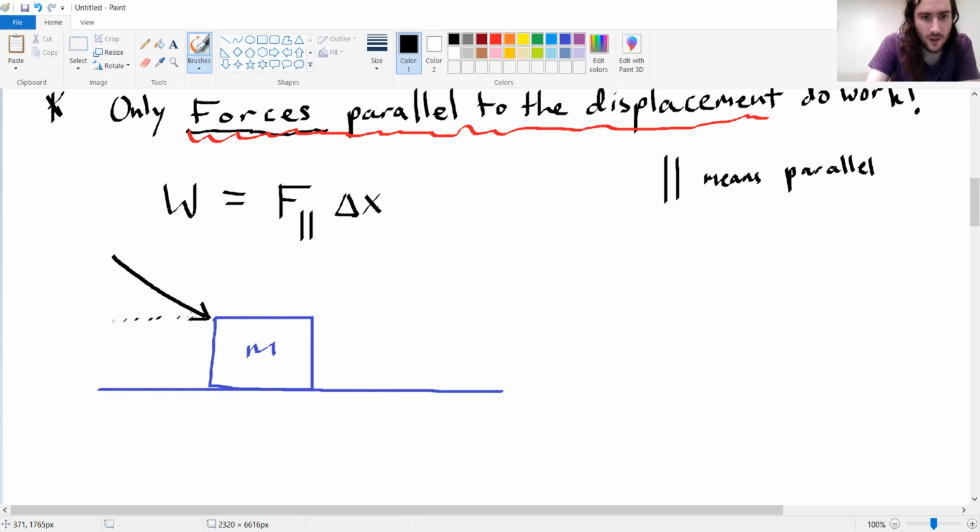And of course, we can always break a vector down into its components, right? And so if this is the angle theta here, then we have our x component of the force is the magnitude of the force times cosine theta.